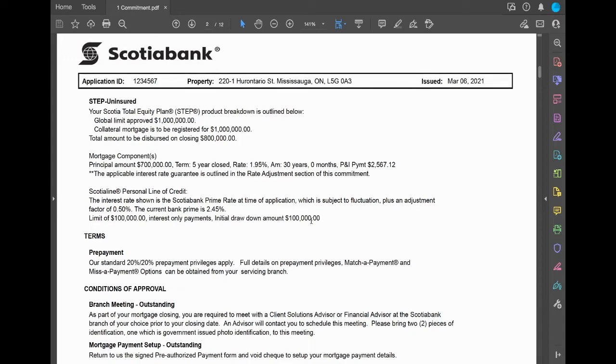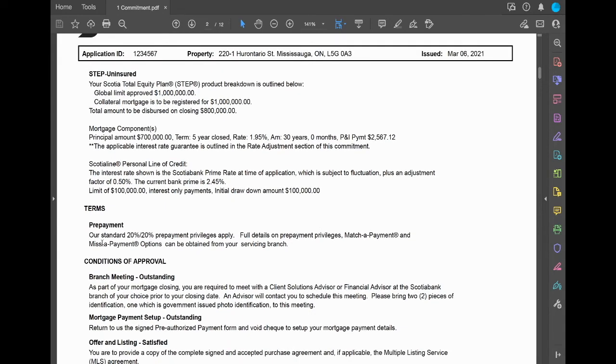Scotiabank leads the industry with their prepayment privileges. They have 20% prepayment privileges per year. So the first is a 20% lump sum of the original mortgage balance. In this case, the client selected a $700,000 mortgage term, which means they can prepay up to $140,000 per year. The next prepayment privilege is a payment increase.